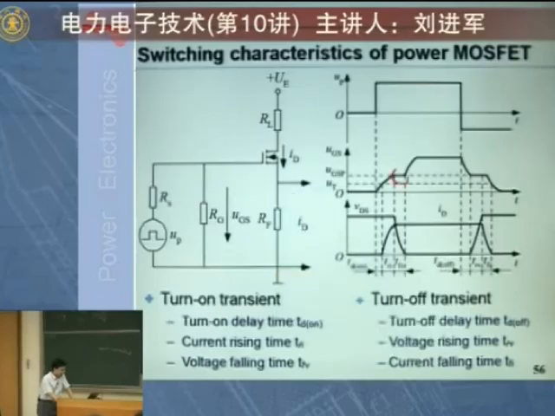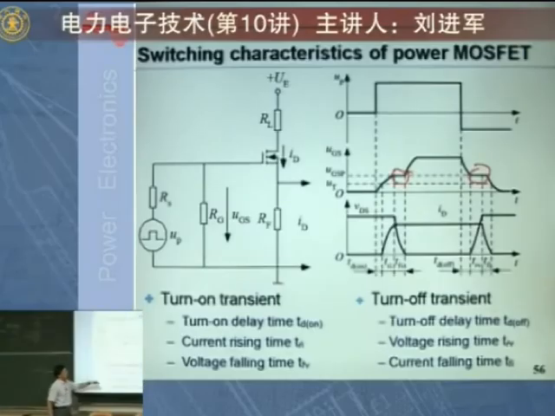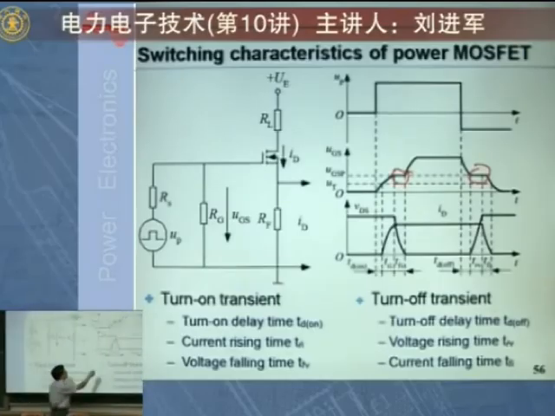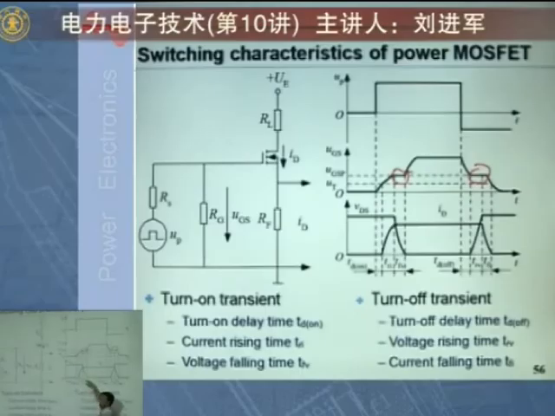When you turn on the MOSFET and turn off the MOSFET, there's always a period of time, very short, when the voltage between gate and the source will maintain almost constant, no change.